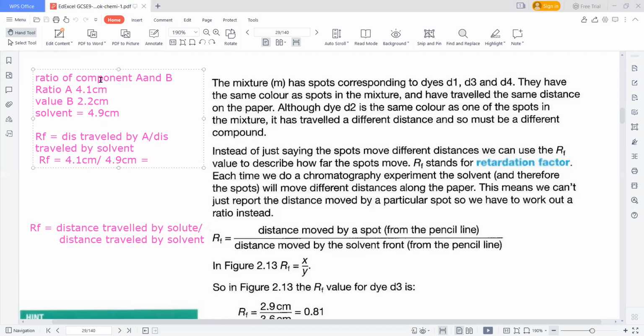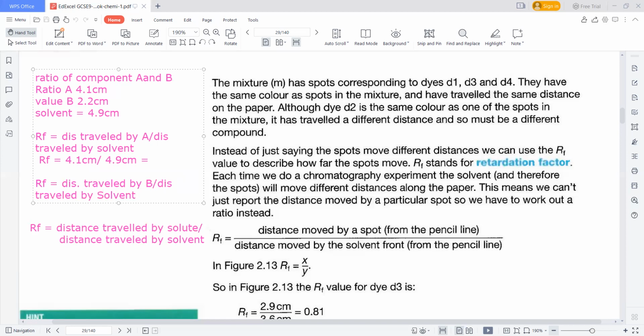Now for point number 2, B, RF is equal to the distance traveled by B divided by the distance traveled by solvent.